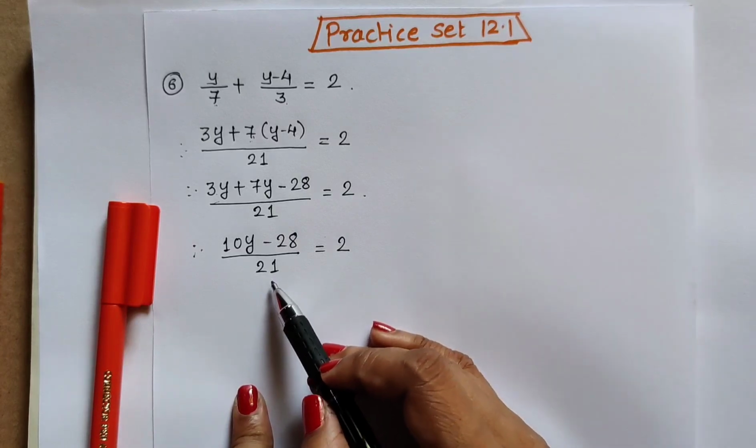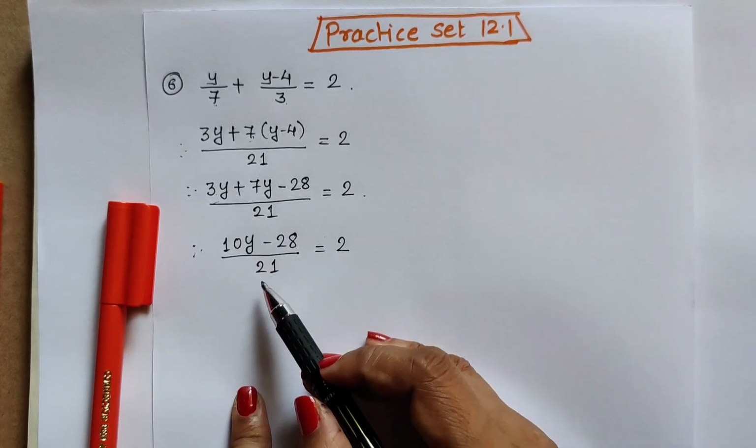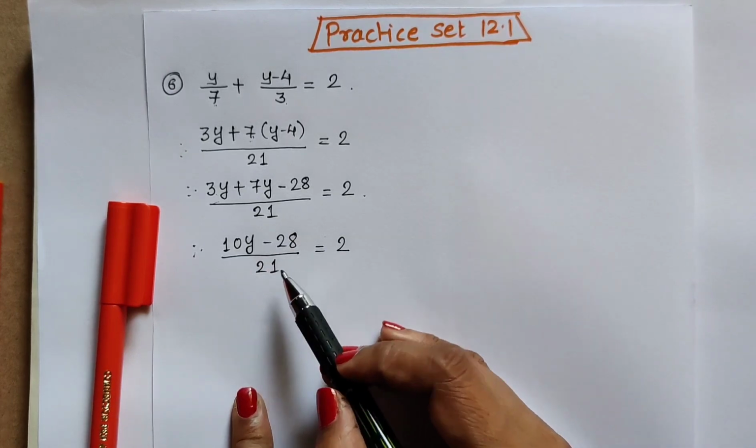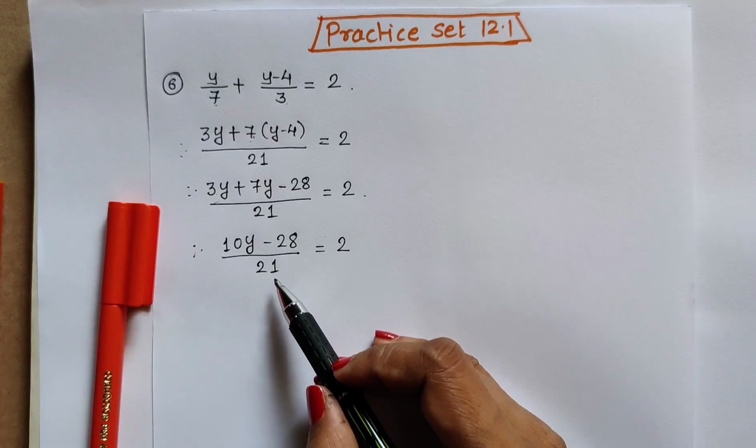Now see, 21 is there in the denominator. What we have to do? We have to solve it by cross multiplication, or we can multiply by 21 on both the sides, because here it is in the denominator. That means dividing by 21 is there.